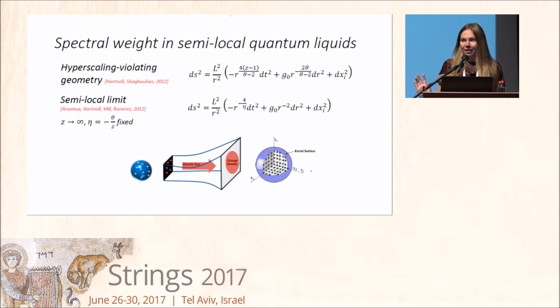So just to set the stage, let's start with some past results. It was shown that when you have an IR geometry that is hyperscaling violating, the spectral weight is exponentially suppressed for any finite theta and Z. However, if you take this particular limit, Z going to infinity and negative theta over Z fixed, it turns out that these theories are more fermionic in nature and that we do find a low energy spectral weight at finite momentum.